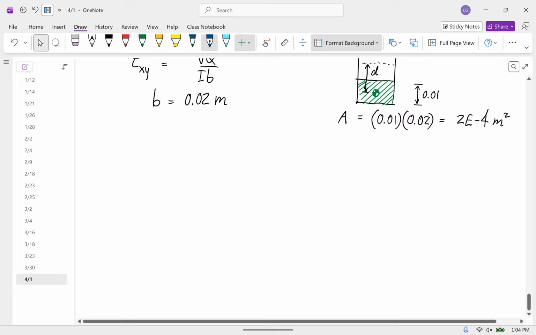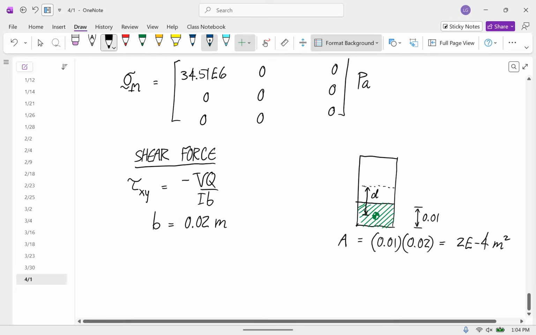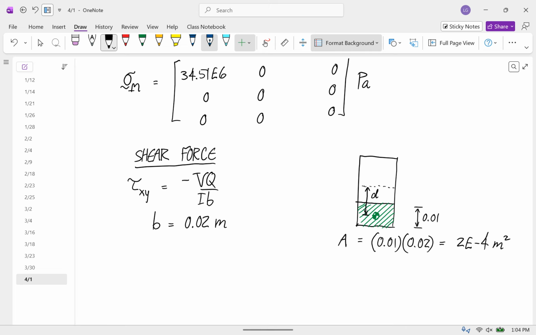Okay, now where's that centroid? To get to that centroid, you have to go a distance of 0.01 to get here, and then 0.005 to get to the middle of this. So that's 0.015. And unlike y, this is a distance, so it's not signed. We're going to keep that positive. Okay?